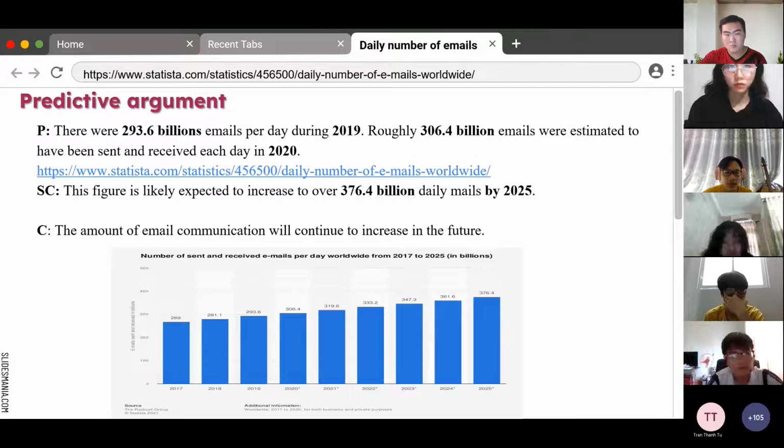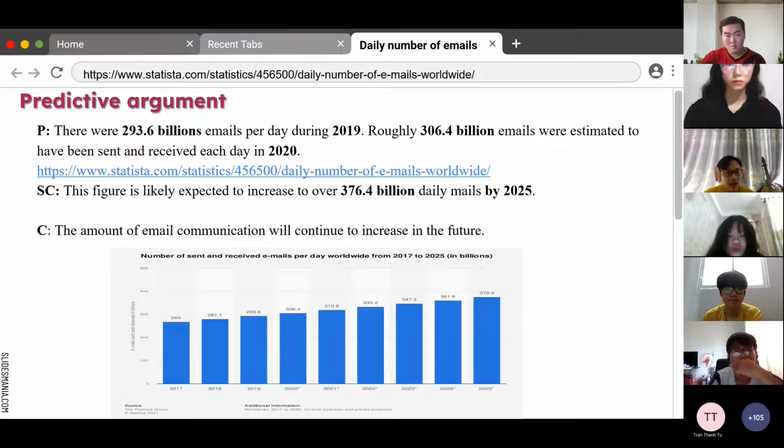We can see a breakdown of the number of emails sent and received below, and I have brought an example related to this type of argument as follows. There were 293.6 billion emails per day during 2019. Roughly 306.4 billion emails were estimated to have been sent and received each day in 2020.